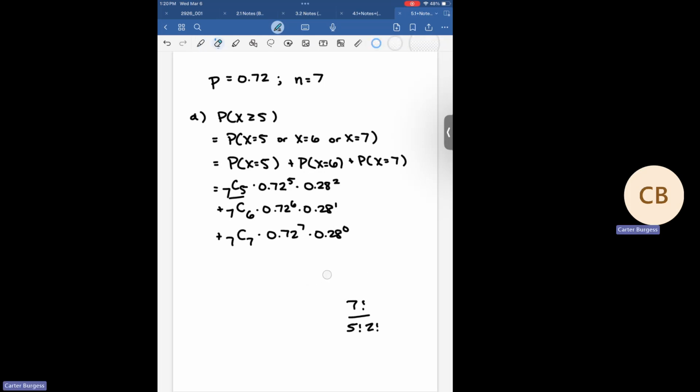And so we need to multiply by that coefficient because there's more than one way to get 5 successes and 2 failures. And that's exactly the number of ways to get that. Good question. Other questions here?